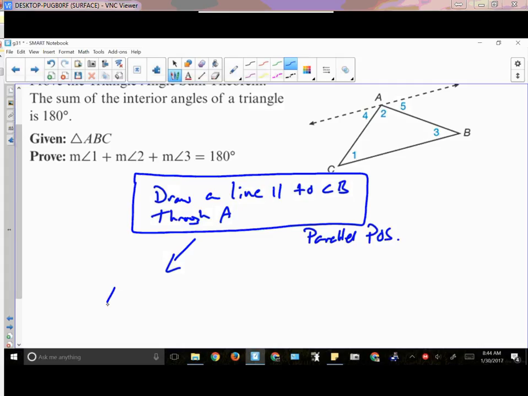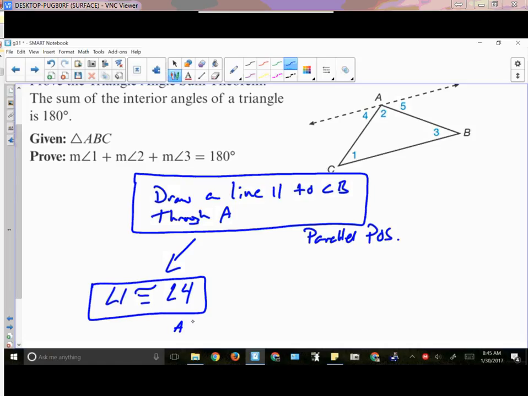let's see, angle 1 is congruent to which angle? Which one? If that dotted line is parallel going through CB, angle 1 would be congruent with which angle up there? I hear somebody say 4. I hope they said 4. Congruent with angle 4.